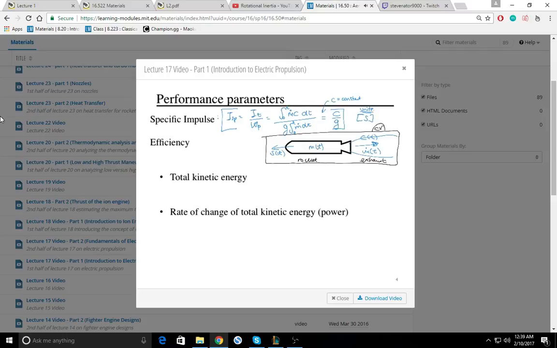The total kinetic energy of that system would be the kinetic energy of the rocket, which is 1/2 its mass times the velocity squared, plus the kinetic energy of the exhaust, which we need to integrate in time because we're constantly expelling propellant.